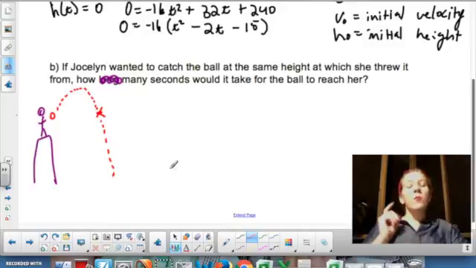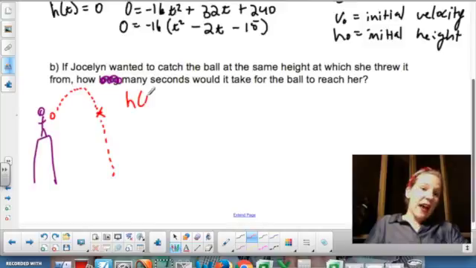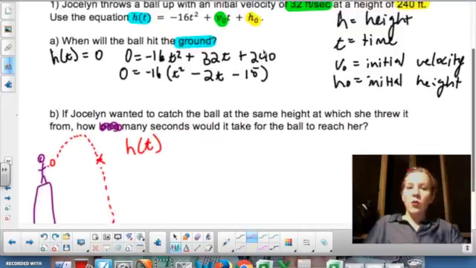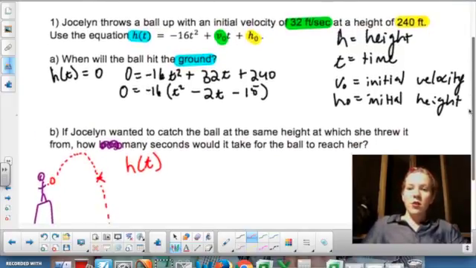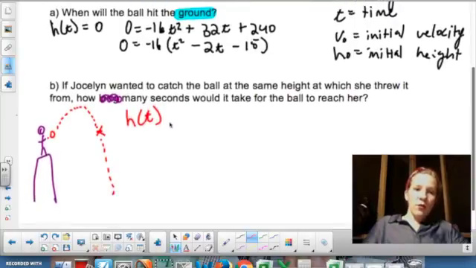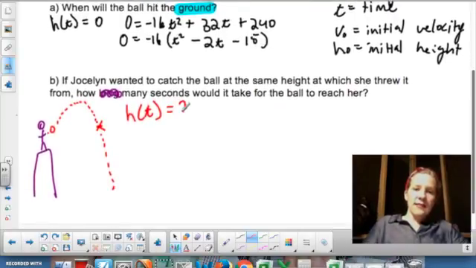Okay, so what that's going to change in my problem is h of t. I'm no longer looking for when h of t is 0. I now want to know when it's at this height, which recall that the initial height was 240. So we want to know how many seconds it's going to take for h of t to equal 240.